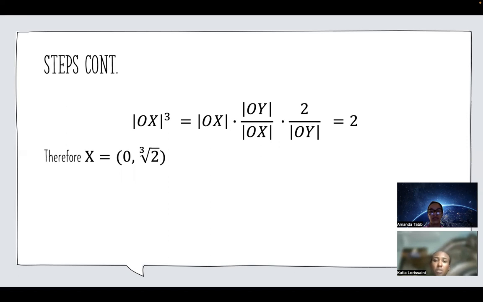And when we cross these out, you will notice that the absolute value of OX cubed is equal to 2. Taking the cube root of both sides, we end up with OX equals cube root of 2. And we have a video to demonstrate how we did this. So let's just get into that.